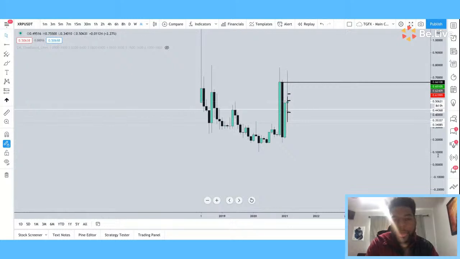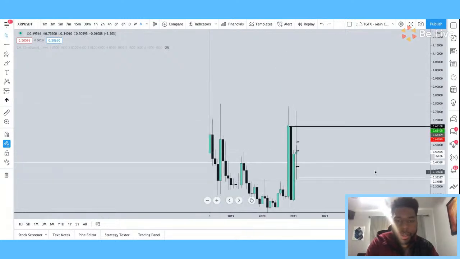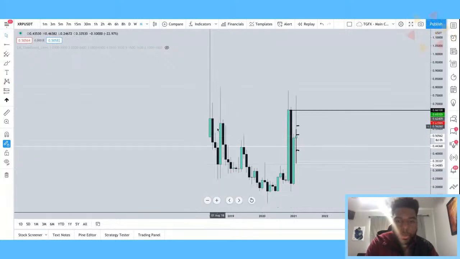It's hard because we don't have too much data. We have this huge spike on the monthly, so we're potentially just building this kind of consolidation area. Even though this did break up, we rejected right back down, which shows us that this was not a valid break of structure. Then we had this monthly candle close, but it did not break above any levels.